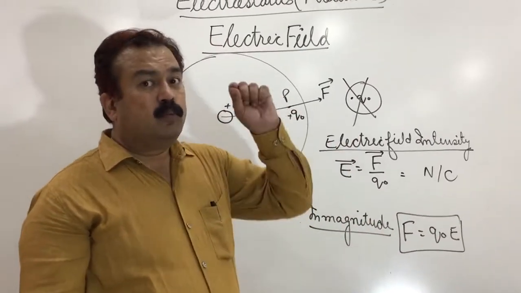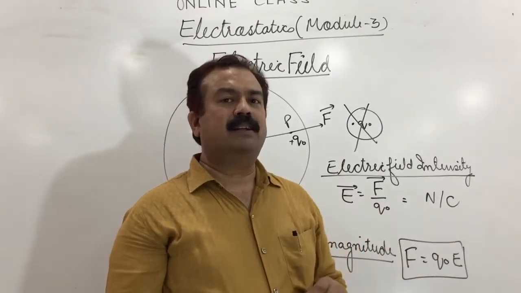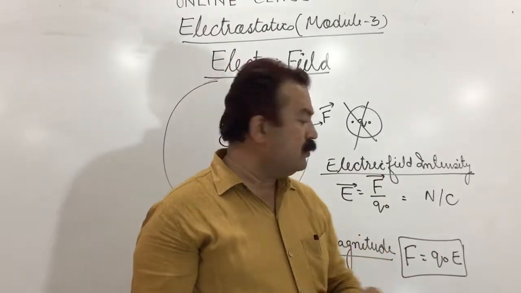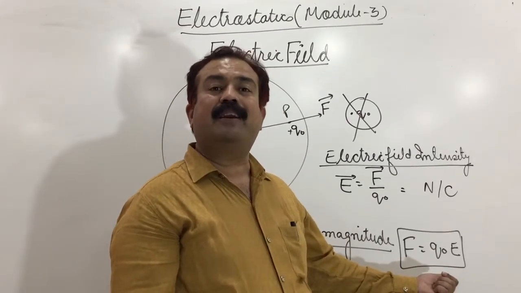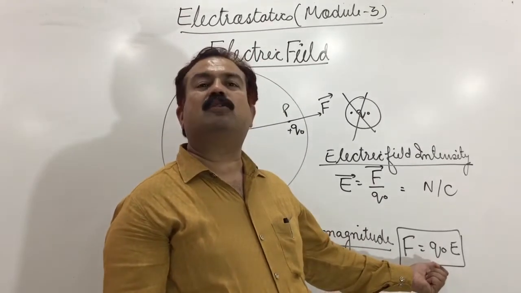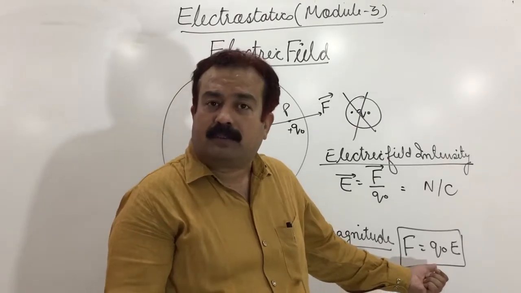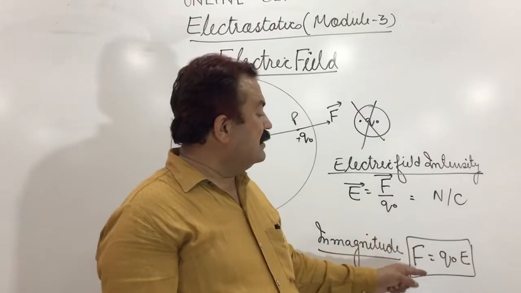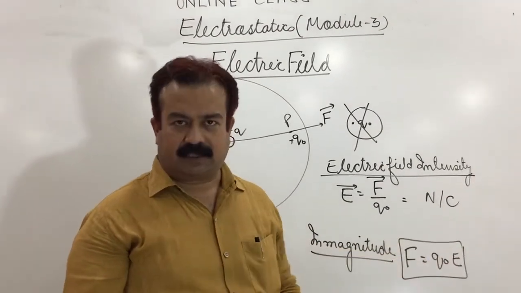And whatever the electric field is here, that is independent of the presence of test charge. There will be no change in the electric field value due to the presence of the test charge, because it is very small in amount. That's why here electric field value will not change due to the presence of test charge.